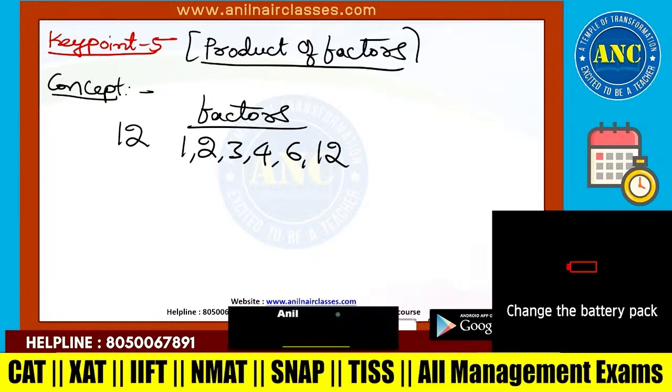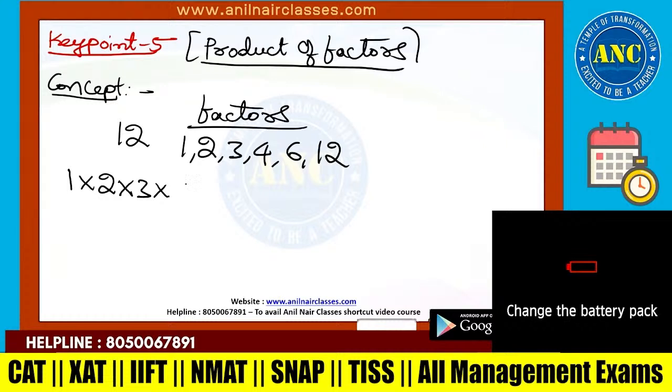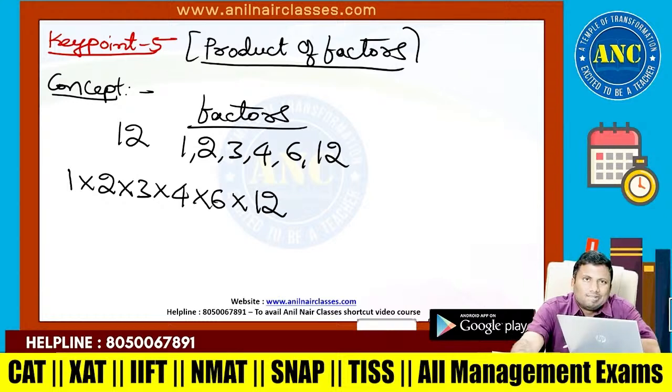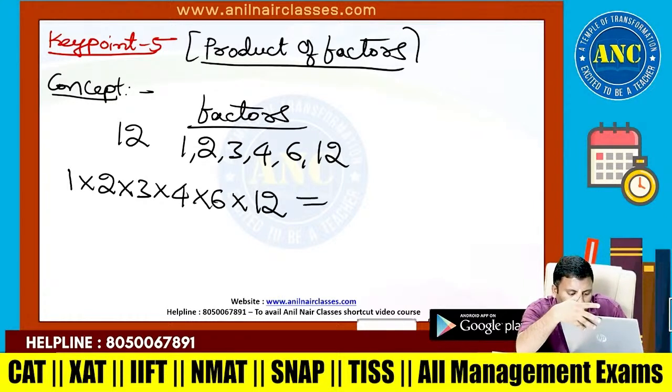If I multiply it, 1 into 2 into 3 into 4 into 6 into 12, this is nothing but product of the factors for this number.